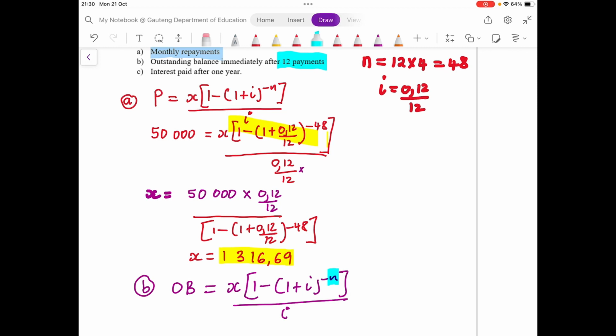This person in total was supposed to make 48 payments, and 12 payments have been made. So the remaining payments will be 48 minus 12, which is 36. So where there is n, we are going to put 36.